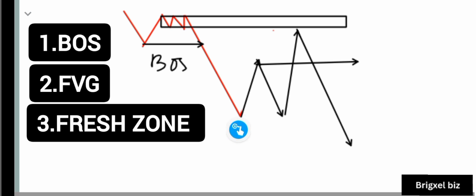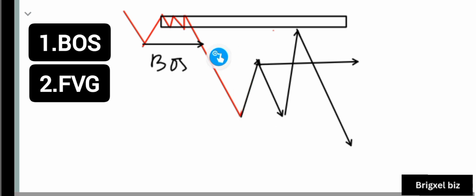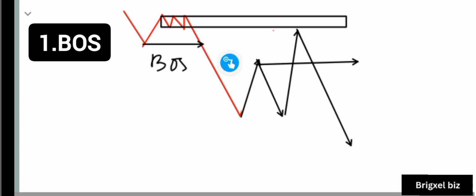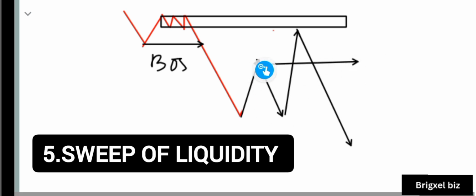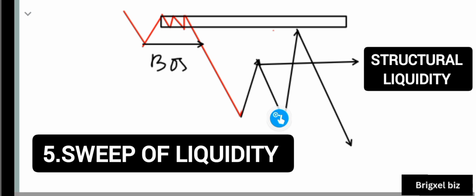There are people who trade that once there's a pullback and watch the behavior of price around the fair value gap. If you don't want to enter that way, you might want to wait for a sweep of liquidity, because here now we have a structural liquidity. So you wait for price to kind of move below this, sweep this liquidity, and then you would enter from this region right here, and price would sell.